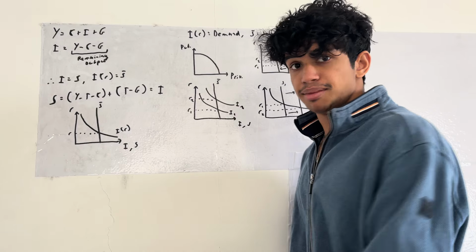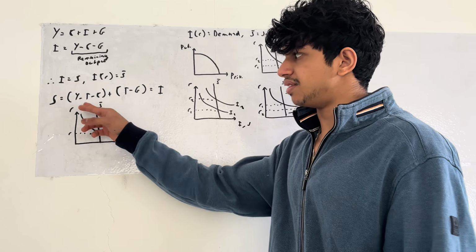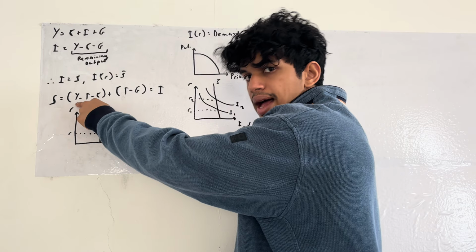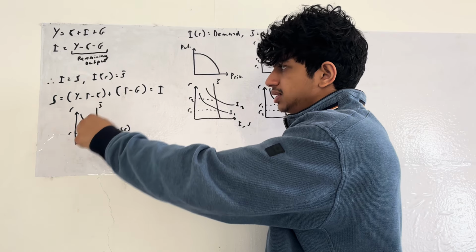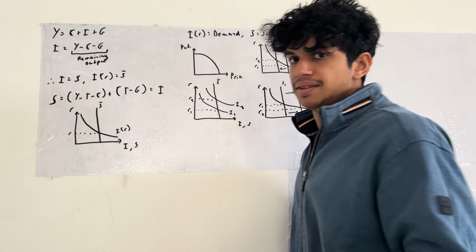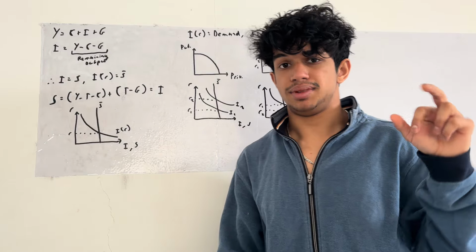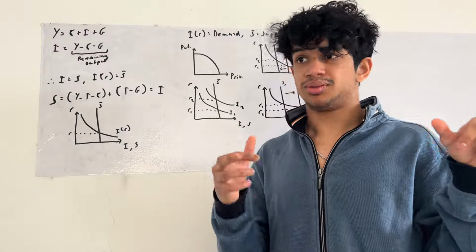I simply split them up into private and public saving. Private savings is just Y minus T minus C: total output minus the taxes minus private consumption. That's your private saving because it's how much you produce in the economy minus how much consumers consume.